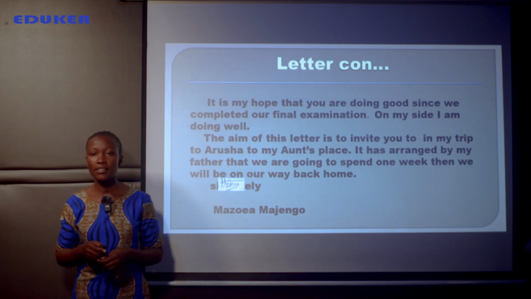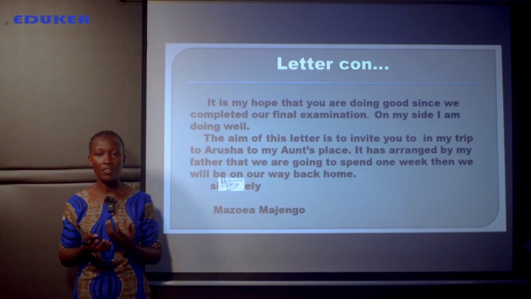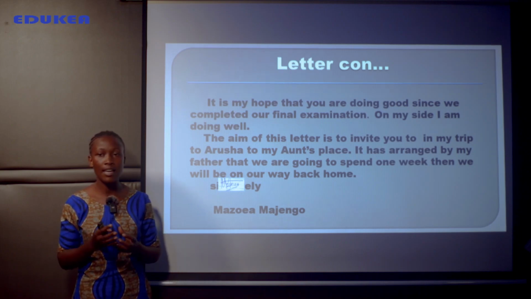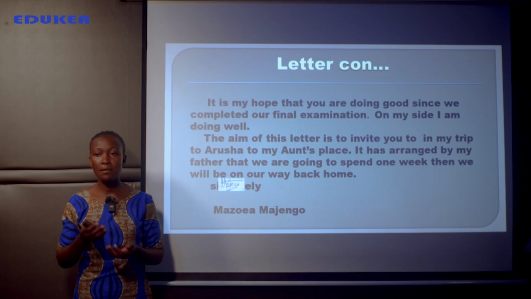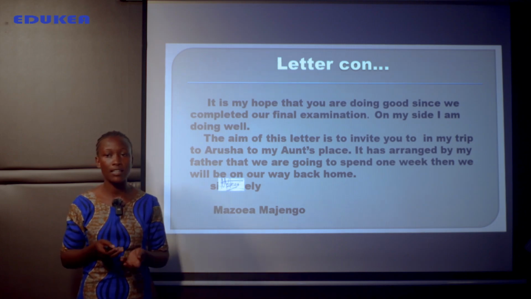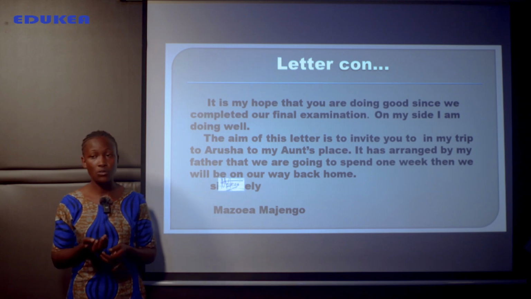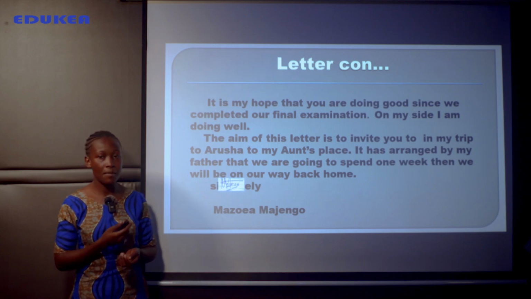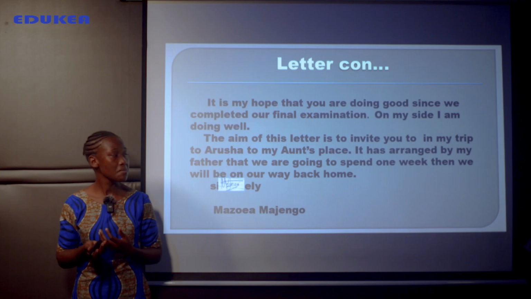So here the letter has conveyed the message which was required. It was a request to his or her friend, this Mazoea Majengo. Maybe he's a male or female, we don't know.